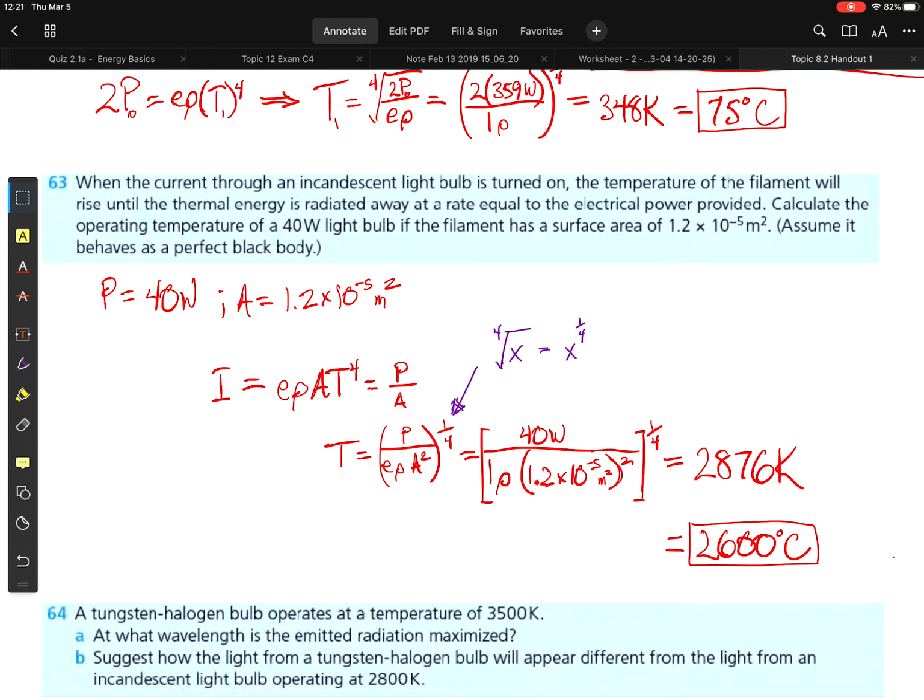Okay. When the current through an incandescent bulb is turned on, the temperature of the filament will rise until thermal energy is radiated away at a rate equal to the electrical power provided. So we can find the operating temperature of a 40-watt light bulb if the filament has a surface area of 1.2 times 10 to the negative 5 meters squared.